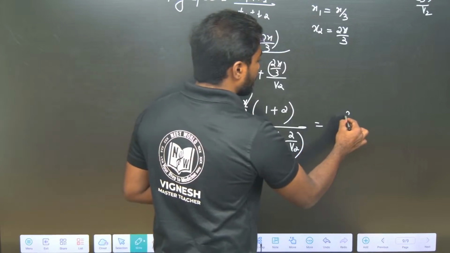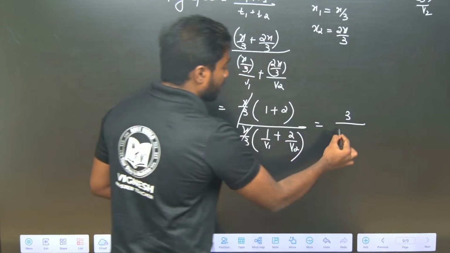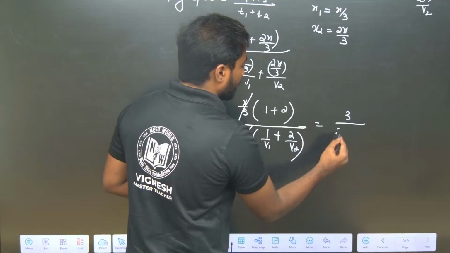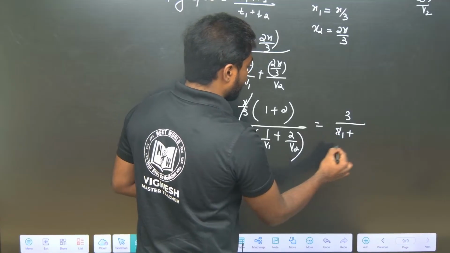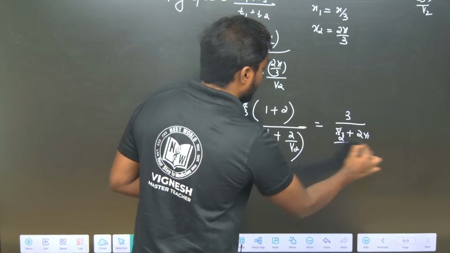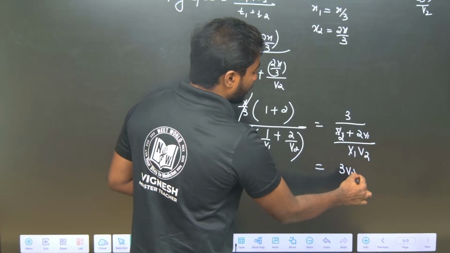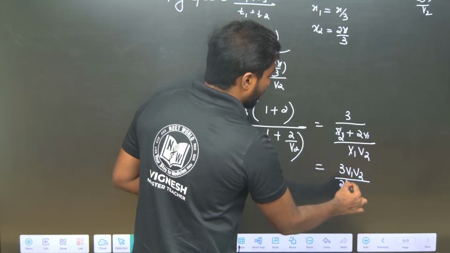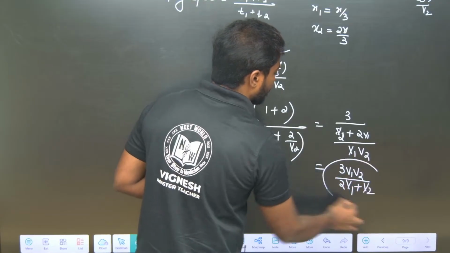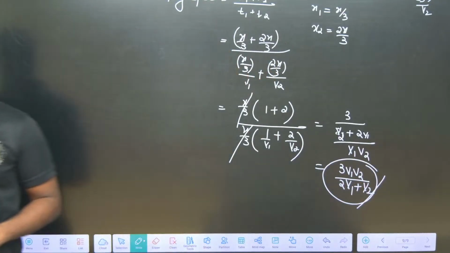So here 3 divided by, cross multiply it, V2 plus 2V1 by V1 V2. So the final answer will be 3V1 V2 by 2V1 plus V2. This is my answer.